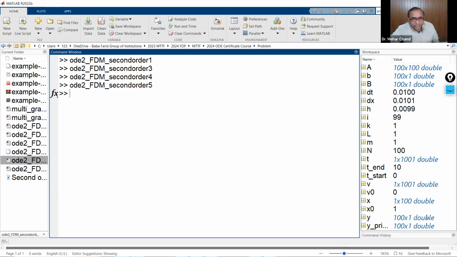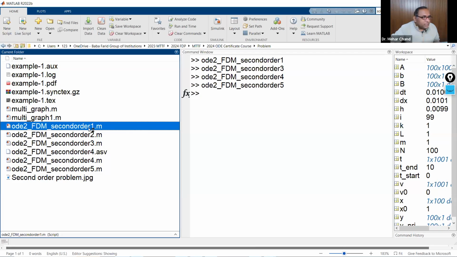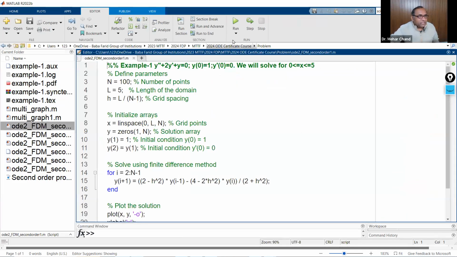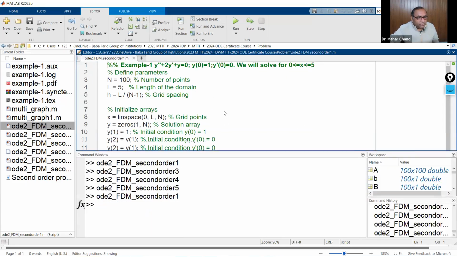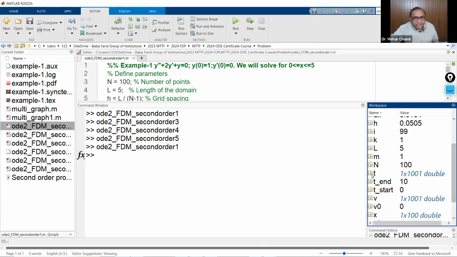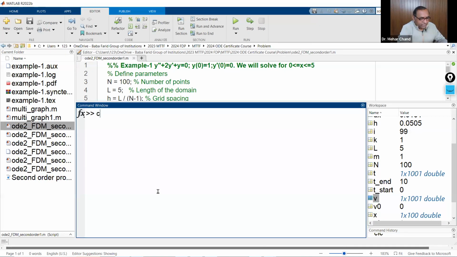This is the first example. When you execute this file and come to the workspace, you see the T vector and V. Use CLC and clear.